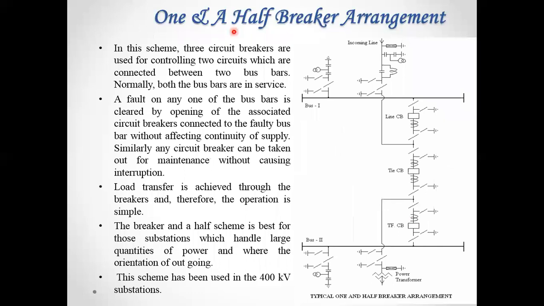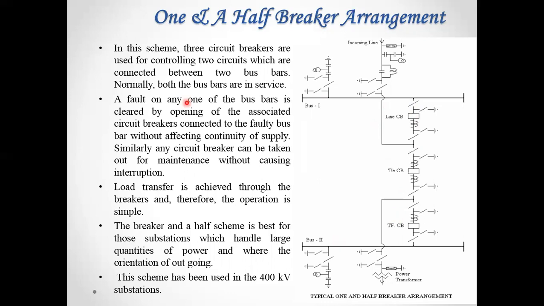The last one is the 1.5 breaker system. Here 3 circuit breakers are used for controlling 2 circuits which are connected between 2 bus bars, and both the bus bars are in service. So we use both bus bar 1 and bus bar 2, and 3 circuit breakers: the line circuit breaker, the tie circuit breaker, and so on.